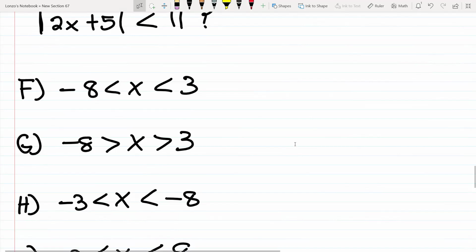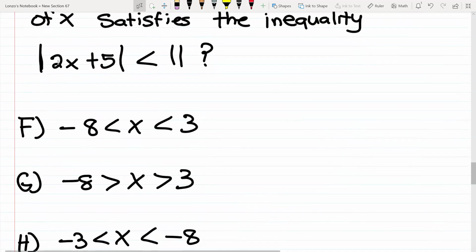So what I would do is, let's see. We have the absolute value of 2x plus 5 is less than 11. What I would do is first make sure there's nothing near the absolute value before you make your two inequalities, right? And then you have to also make sure that this number is positive. If it wasn't, so if this was a negative 11, that would be no solution automatically.